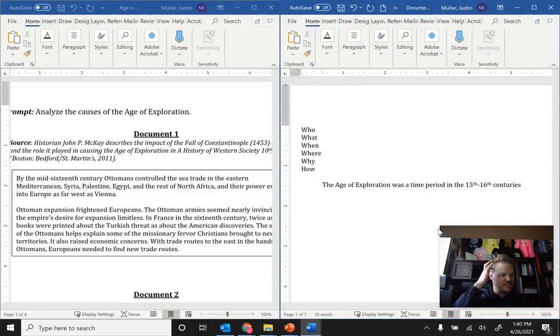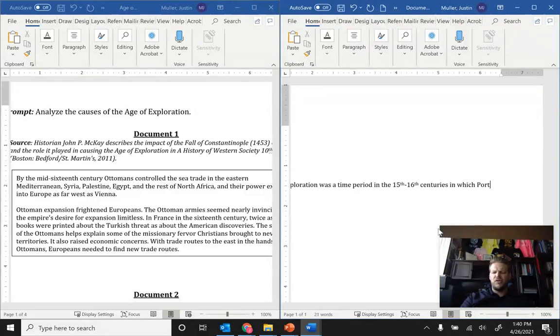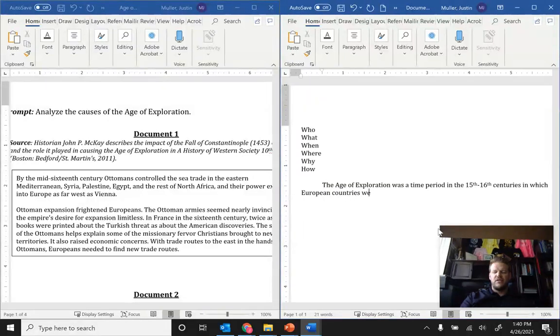That's the 15th century, and into the 1500s is the 16th century. Centuries in which European countries were sailing across oceans to find trade routes.